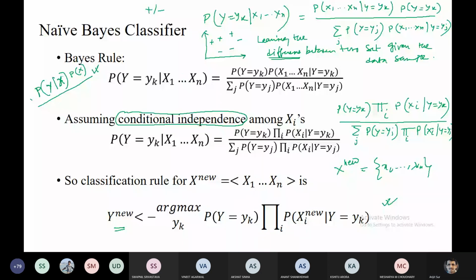But what do we mean by generative then? Just the reverse. That means we are given the y.